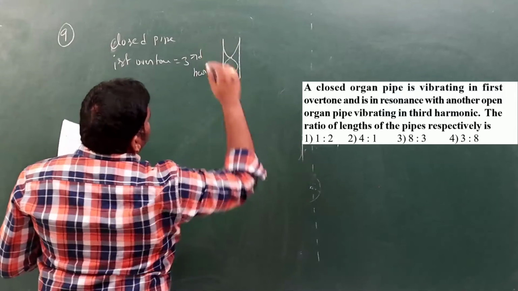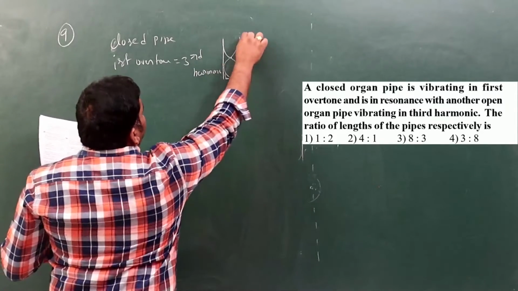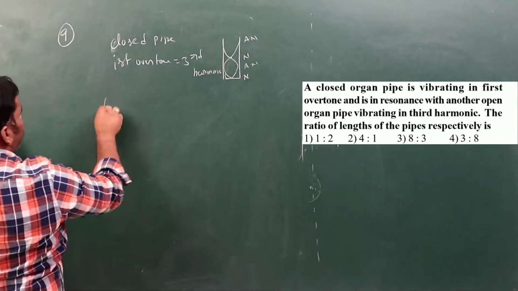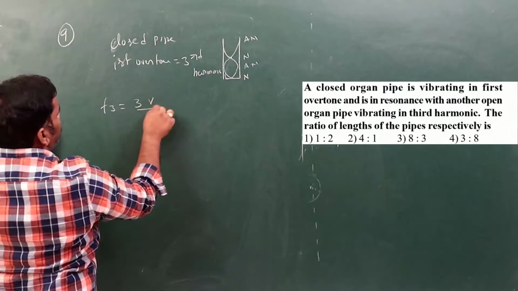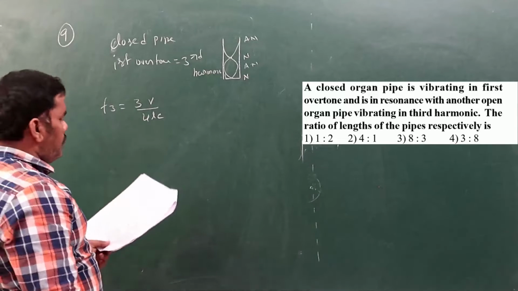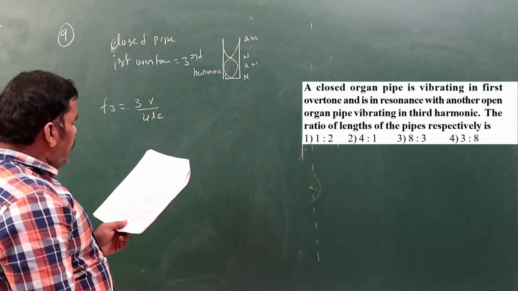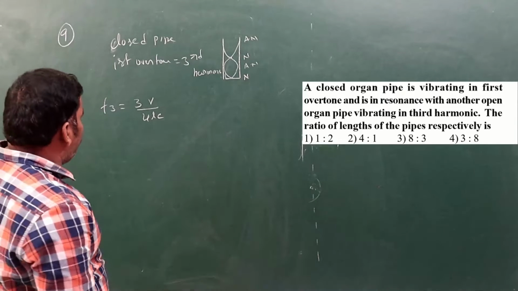Like this. Third harmonic. So third harmonic F3 is equal to 3V by 4LC because of closed pipe. Next, another open organ pipe vibrating in third harmonic.